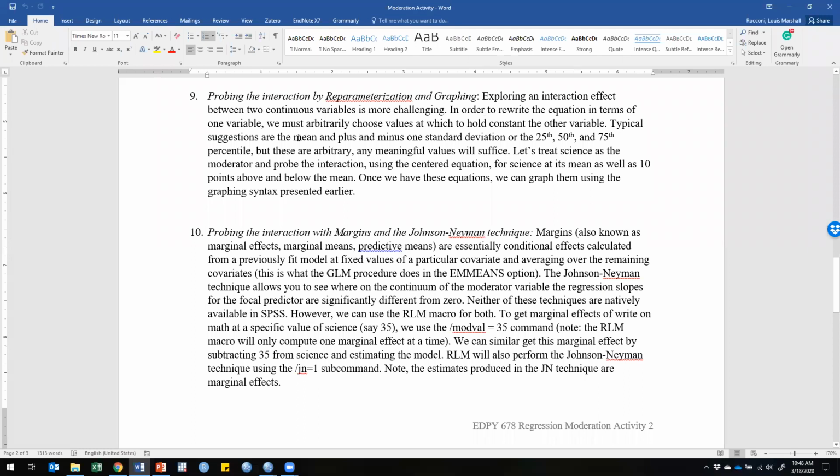So rather than just arbitrarily choosing values of one of your continuous variables to hold constant, like the mean plus or minus one standard deviation of the mean, we can use this Johnson-Neyman technique, where we basically examine where on the continuum of the moderator variable the conditional effects of the focal predictor are statistically significant.